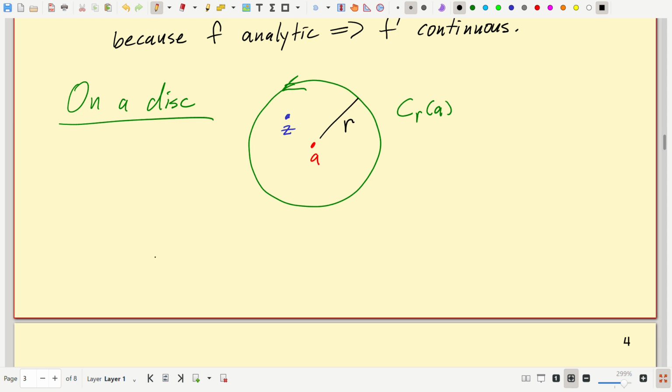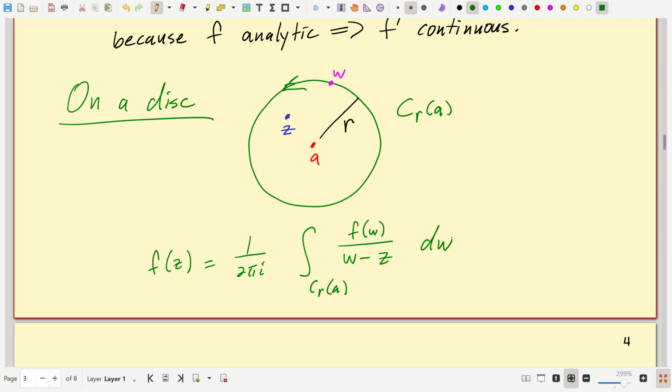And I've got my Cauchy integral formula, that f of z is 1 over 2 pi i times the integral around the circle of radius r about a of, I'll have a w going around this circle, f of w over w minus z dw.